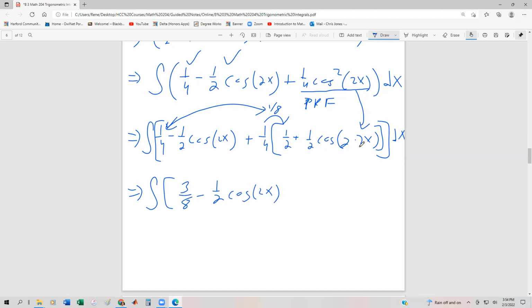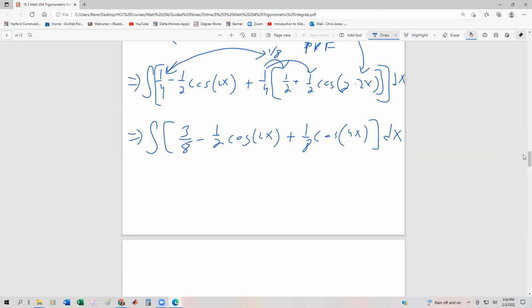And then finally, we have 1/4 times 1/2, which is going to be 1/8. And that's going to turn into cos of 4x. Okay, so that's going to be 1/8 cos of 4x. And we still haven't taken an antiderivative yet. We're getting there. Now, mercifully, we can finish this off because now all 3 of the components are easily evaluable.